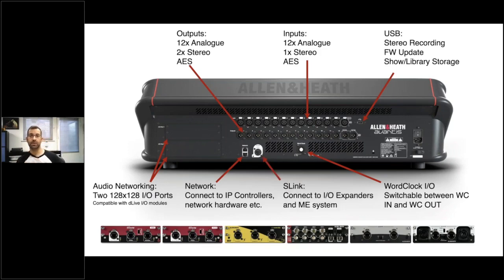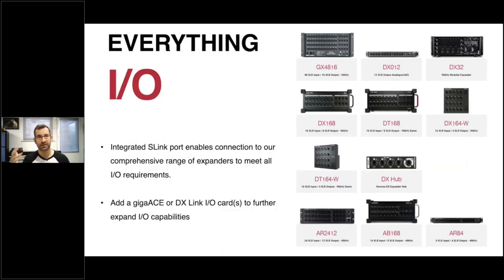Now, if any of you use our SQ mixing platform, you'll be familiar with our S-Link port. S-Link is a self-detecting port which allows you to connect to any of our stage racks from our Everything IO family. So there are many, many different stage boxes, whether it's the GX4816 or any of our DX boxes, but also the older generation AR and AB 48 kilohertz stage boxes as well.